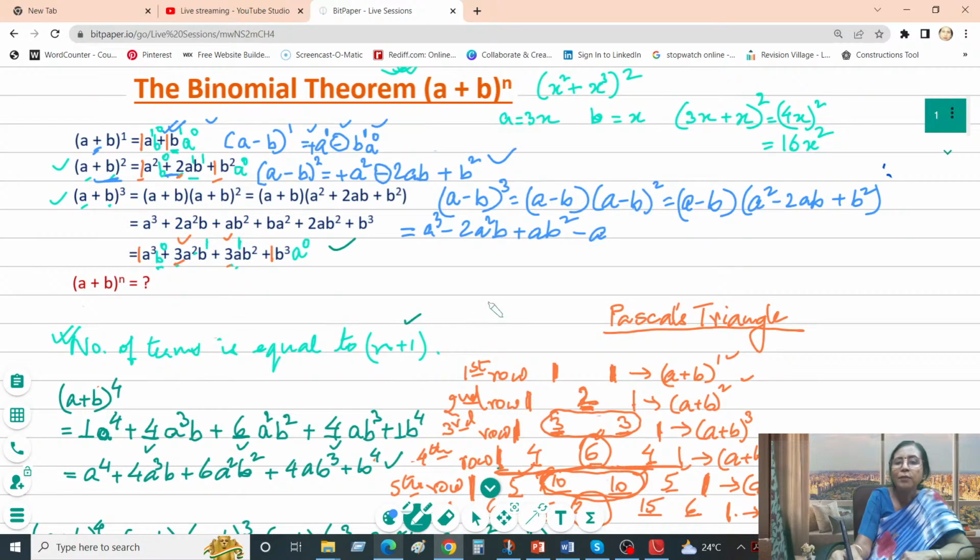I am writing a first. You may write minus ba square also, doesn't matter. Minus b times minus 2ab is plus 2ab square. And minus b times plus b square is minus b cube.